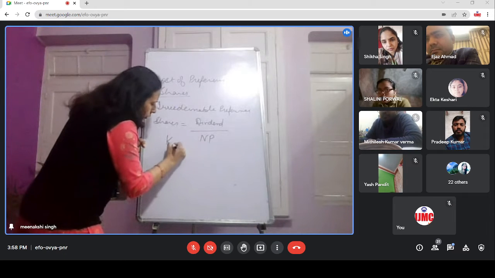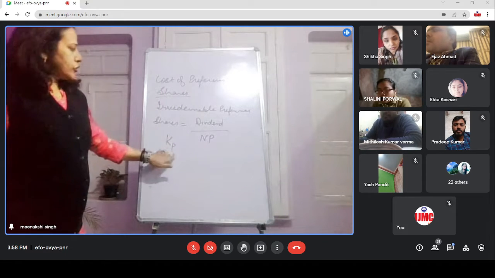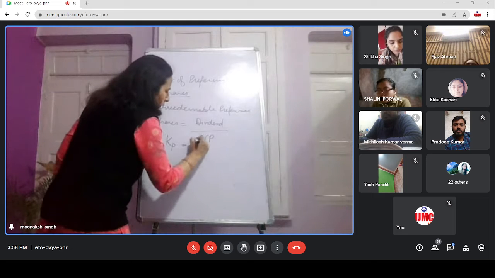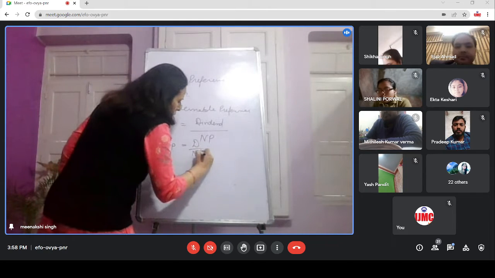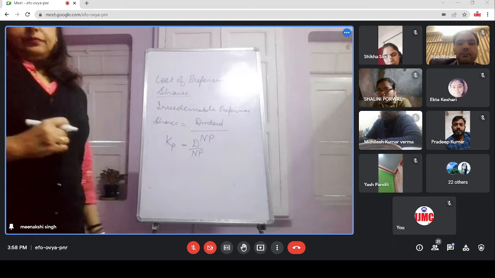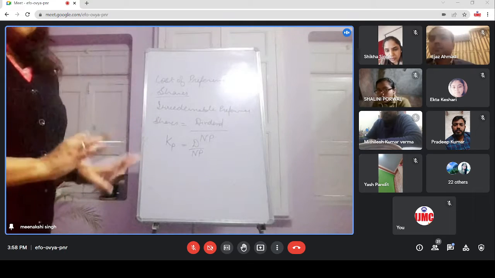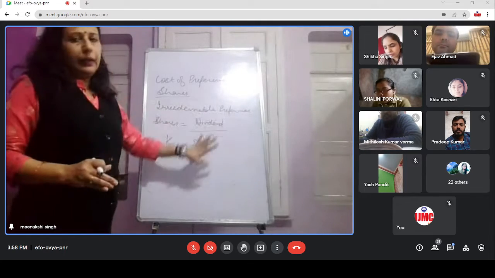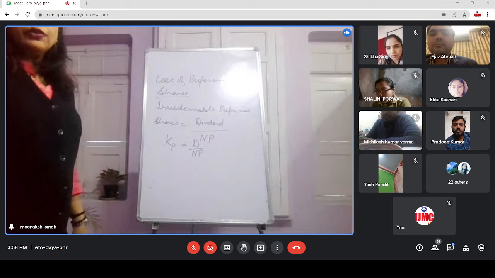So we denote it as KP, cost of preference, or in short form, D upon NP. This is a simple formula for irredeemable preference shares, which are not going to be redeemed in a given period of time.